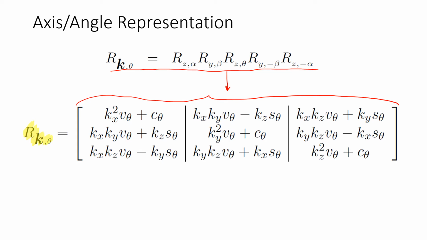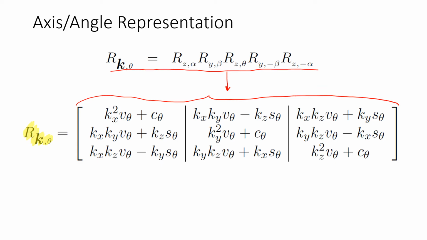And in this particular matrix, you can observe that there is no instance of alpha, there is no instance of beta in it. Only what is being used over here is kx, ky, and kz, and the theta rotation in it. So this is a general purpose rotation matrix that we are going to use eventually to find out any rotation about an arbitrary axis.